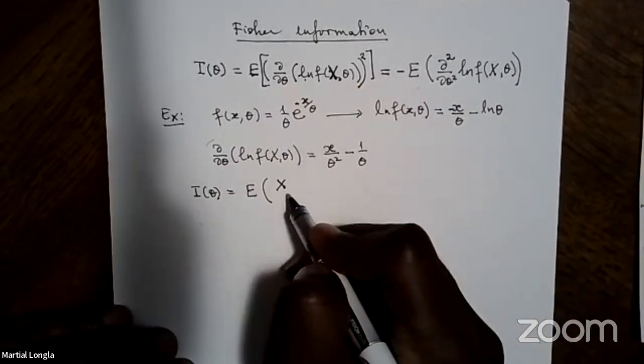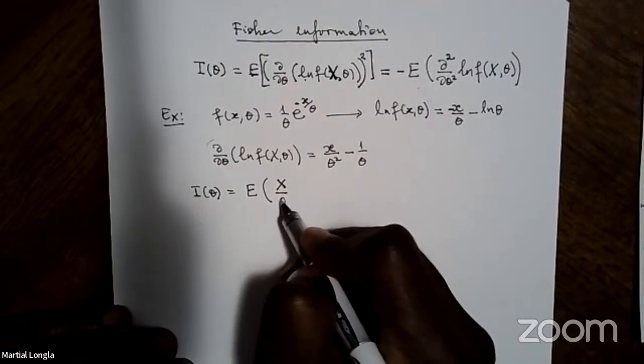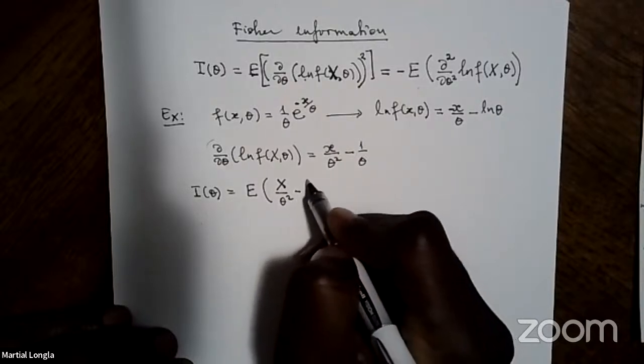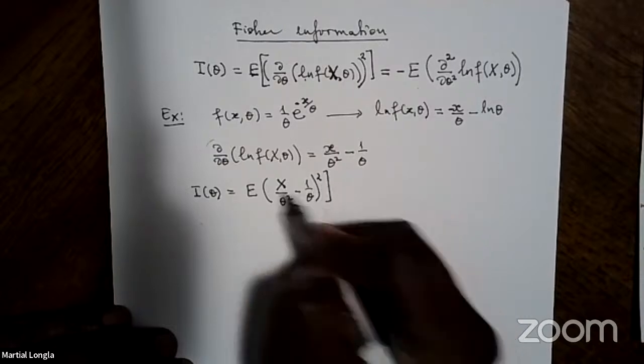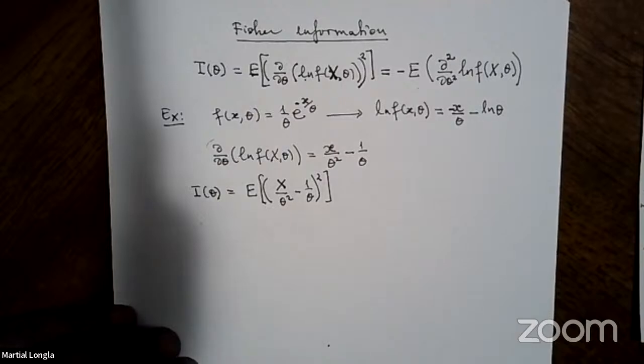That becomes capital X over theta squared minus 1 over theta, squared. That's what would be on this side.